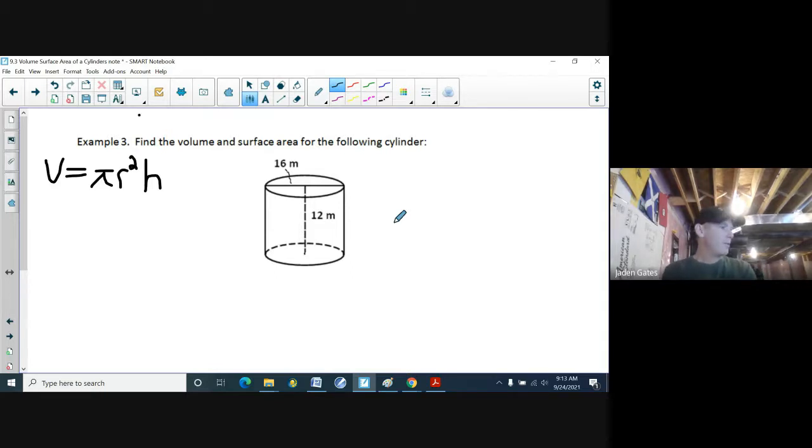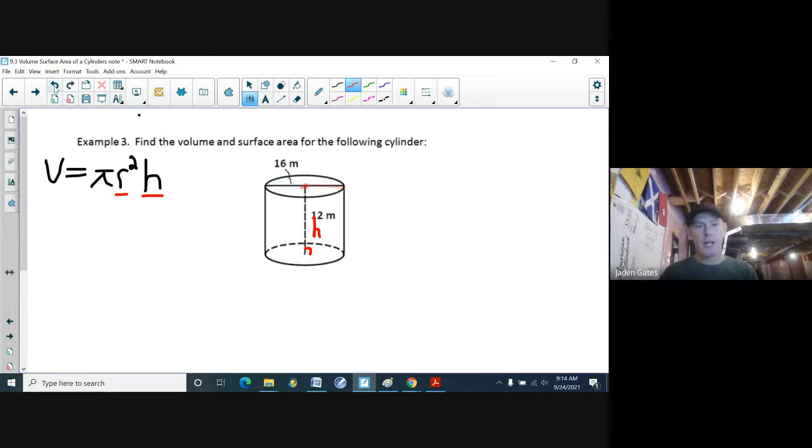No? All right, well, here's the catch. When I'm finding my variables, I need the radius and the height. The height is straight up from top to bottom. That's 12 right there. But the radius is from the center of a circle to the outside. This line's telling you it's all the way across, right?